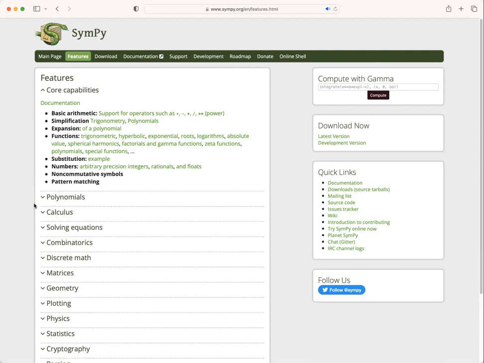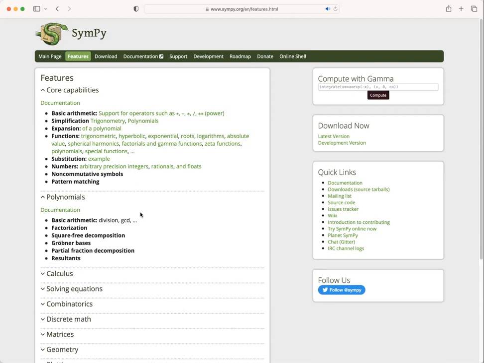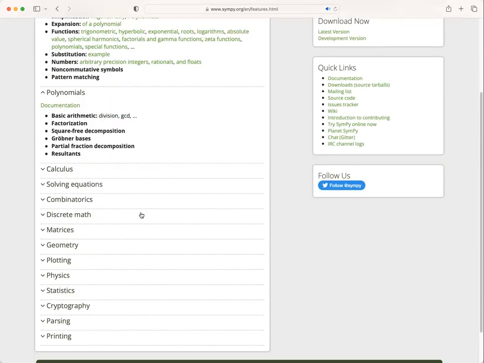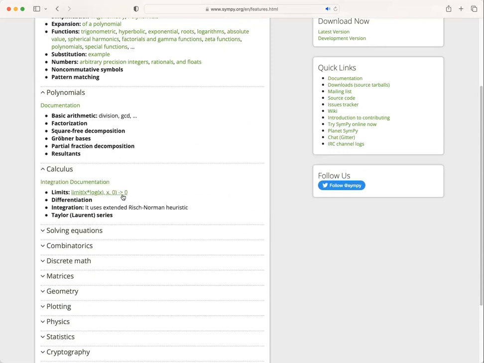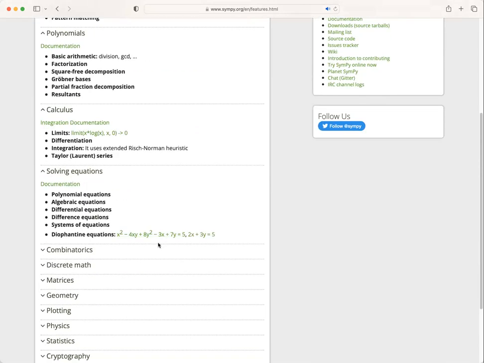It can do pattern matching. With polynomials, it can do factorization, which is really cool. It can do calculus, where it can do limits, differentiation, and integration. It can do series. It can solve equations, whether they're differential equations, polynomial equations, or systems of equations.